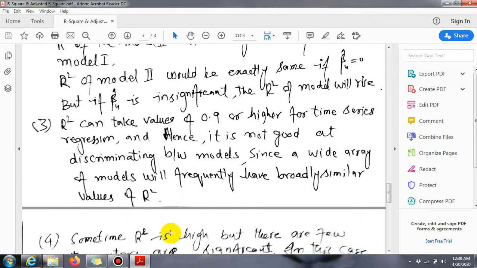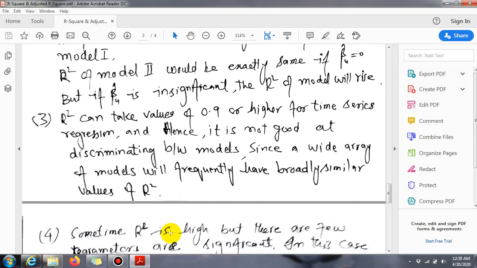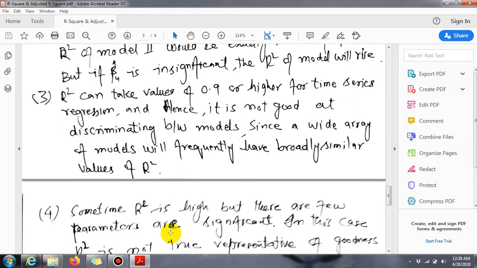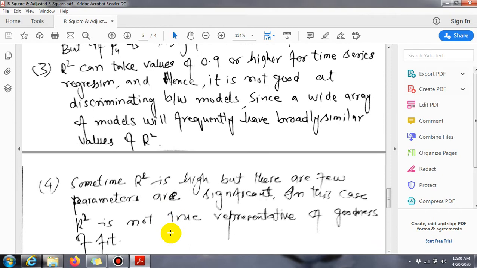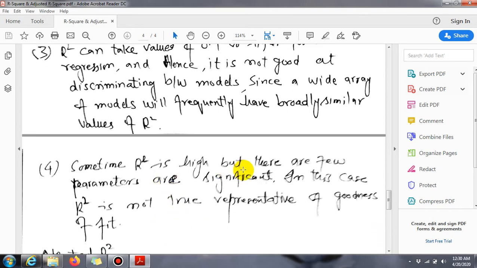So keep it in mind, a higher R square is attached to a number of other issues which will be discussed in a later session or in another video. Okay, sometimes R square is high, but few parameters are significant. In this case, R square is not a true representative of goodness of fit.